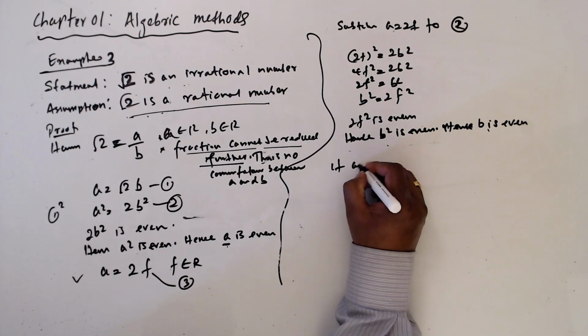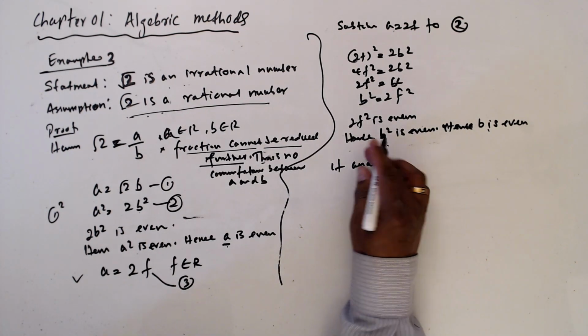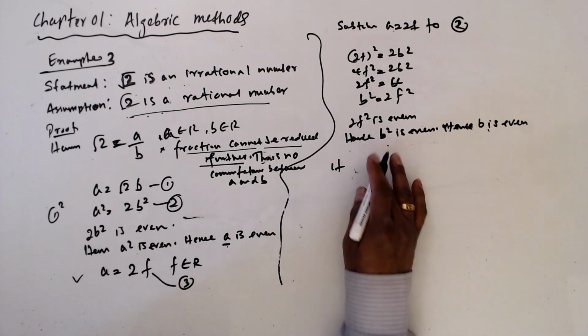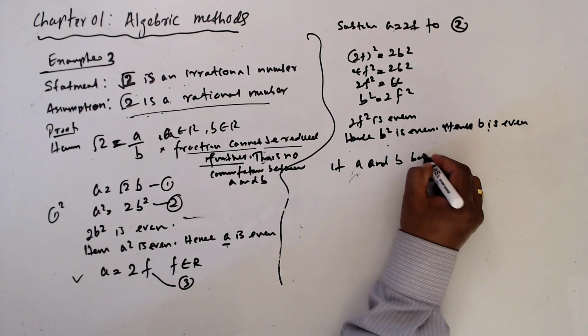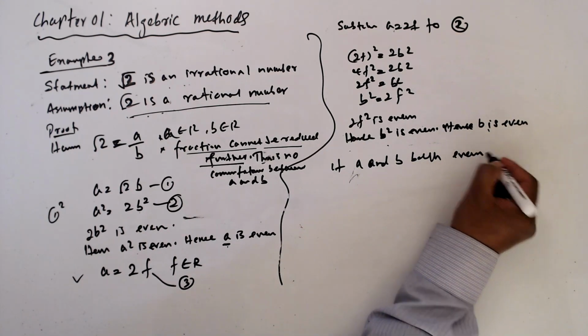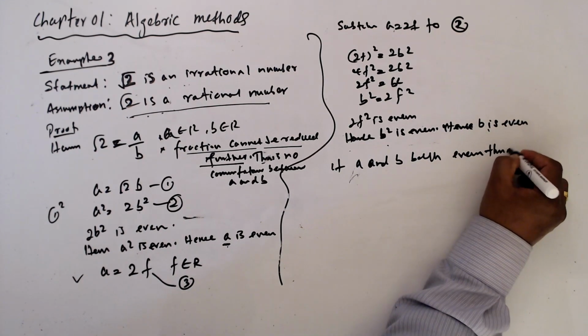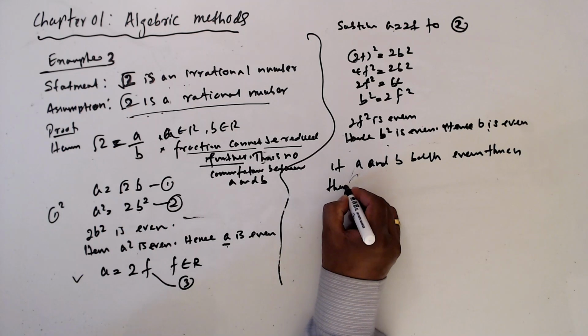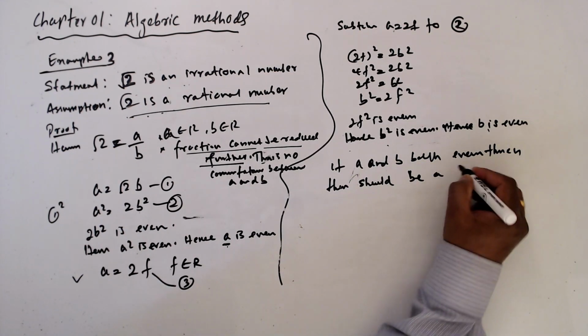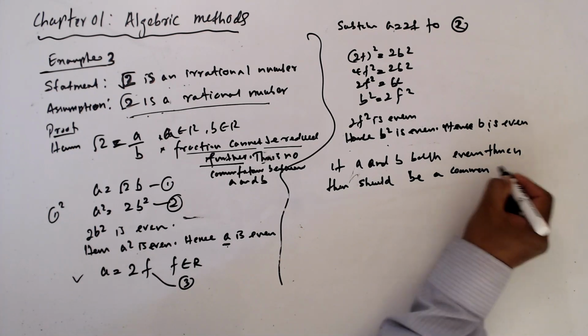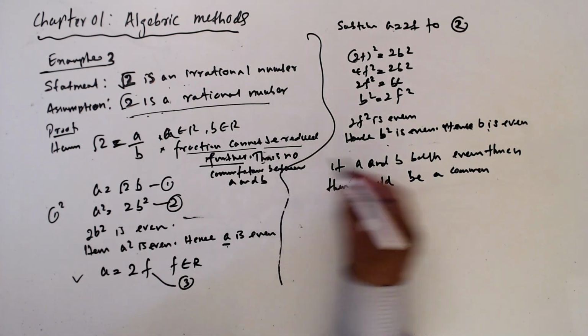If a and b both even, then there should be a common factor.